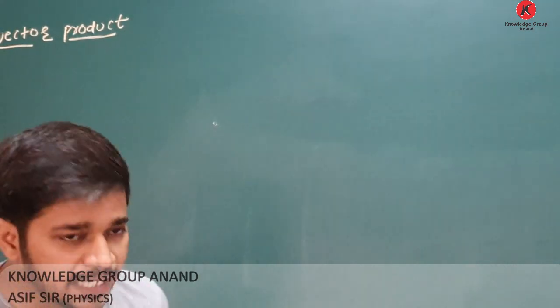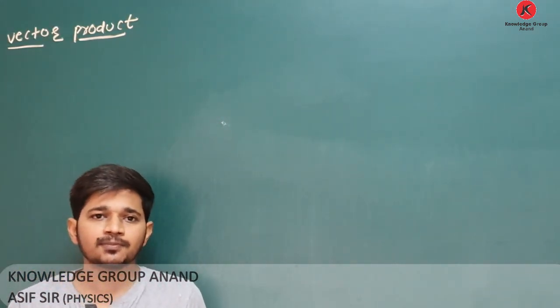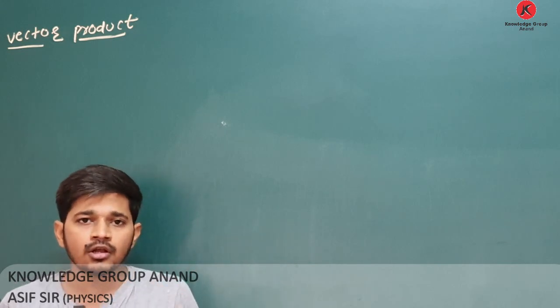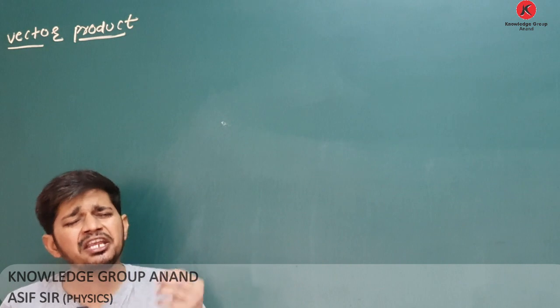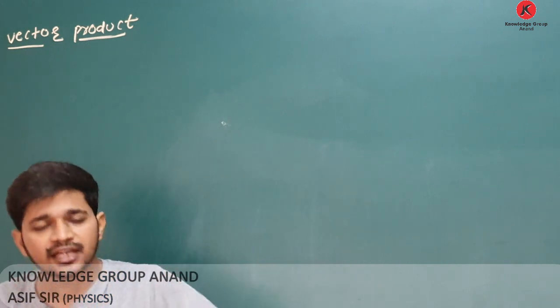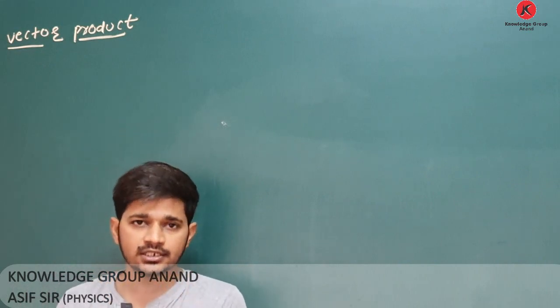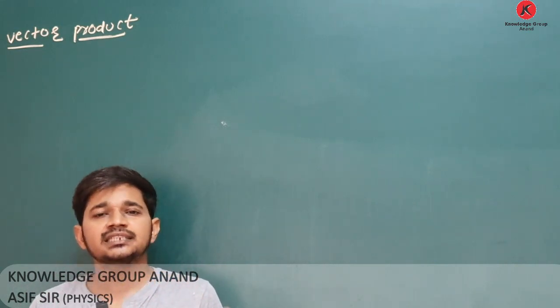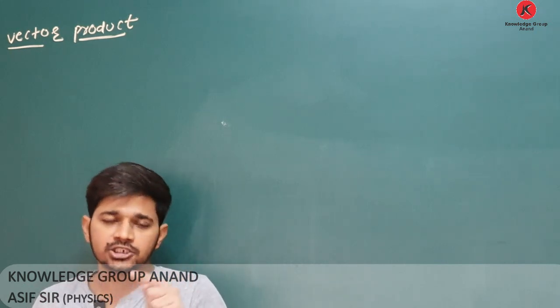Okay students, now we will see what the vector product is. In scalar product, we know that your answer is only magnitude, without direction, without i caret, j caret or k caret or any unit vector. But what is the vector product? Vector product is when we multiply two vectors and the answer has both magnitude and direction.